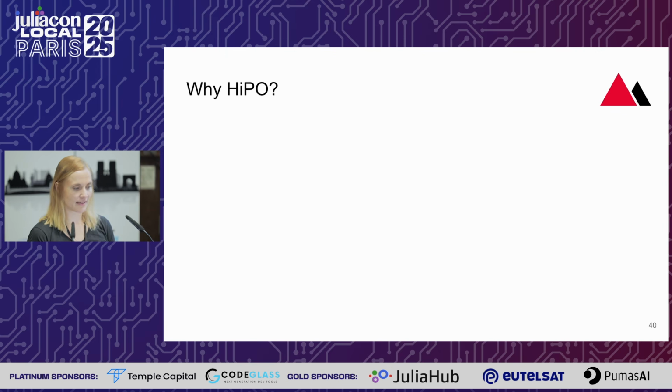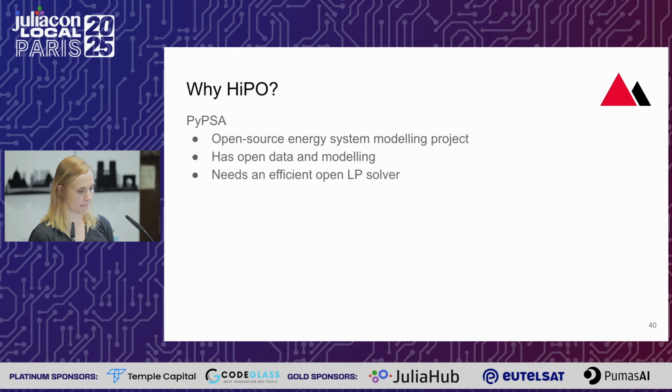And why did we need a new interior point solver? I don't know if you're familiar with PyPSA. It's an open source energy system modeling project, and they have data and models. They needed an efficient LP solver, so some experiments were performed comparing with Gurobi.